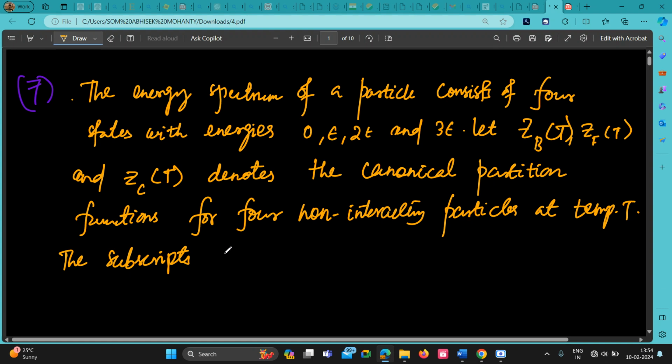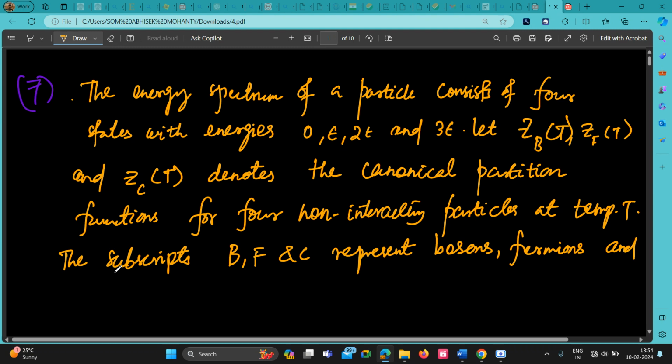The subscripts B, F, and C represent bosons, fermions, and classical, distinguishable classical particles, respectively.